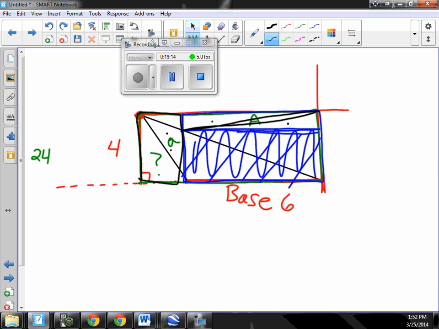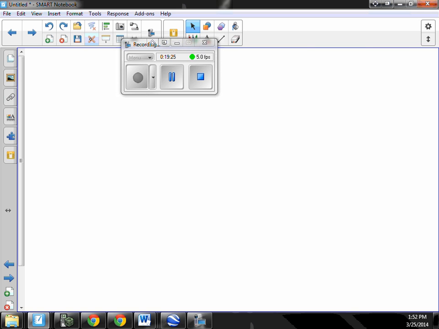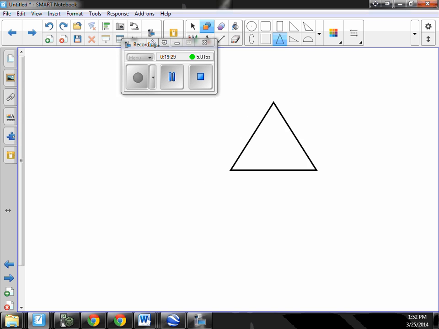All right. So what if we don't know any side lengths? All we have is some random triangle. Actually, maybe I'll show you this first.